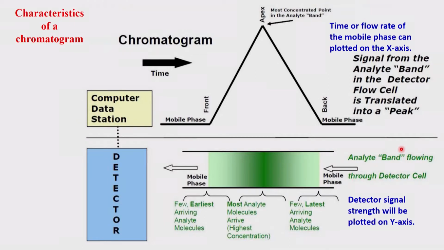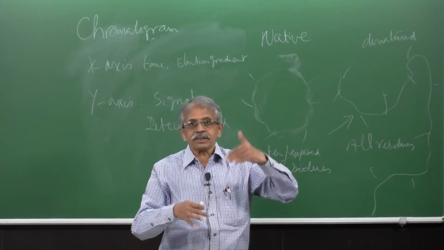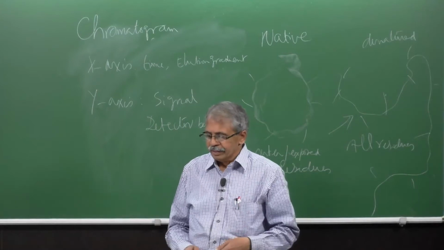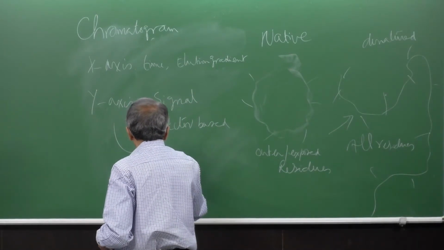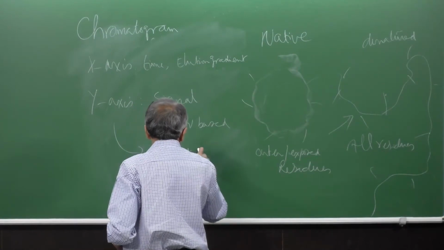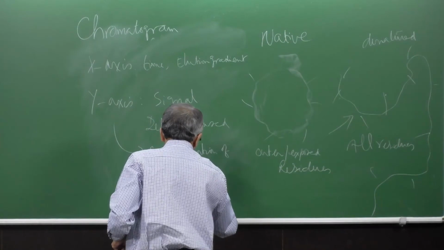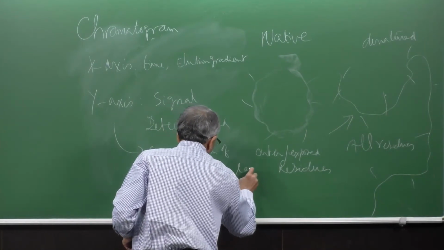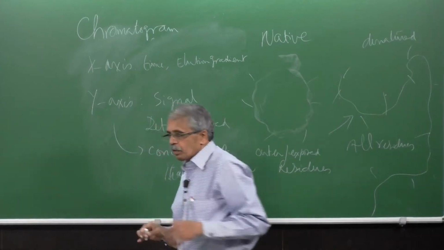Therefore, the signal on the y axis talks about the strength or concentration of that particular peak. So, you can say at the end this corresponds to the concentration of that particular fraction. Okay. So, that is how it is.